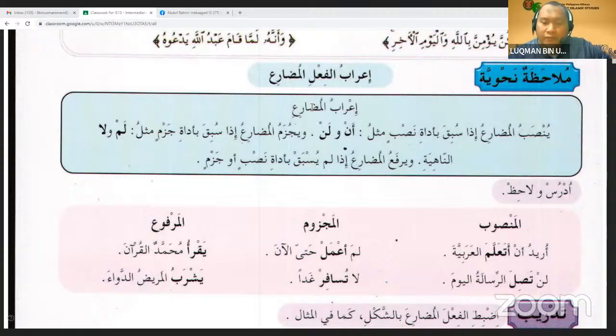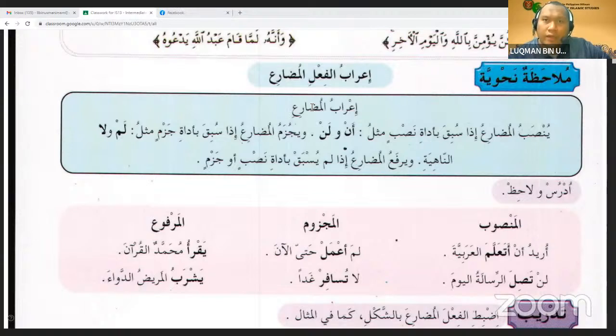So if it's marfu', nominative case, it usually ends with a dhamma. And this is the default form of fi'al mudari', the imperfect tense of the verb. Next is mansub or accusative case. Usually the ending sign is fatha.